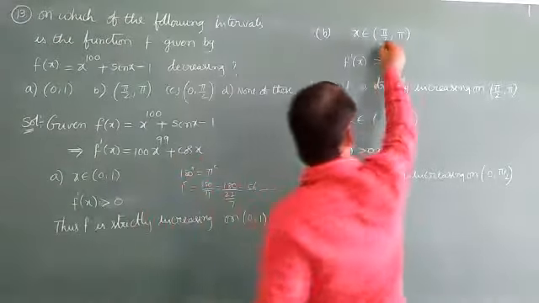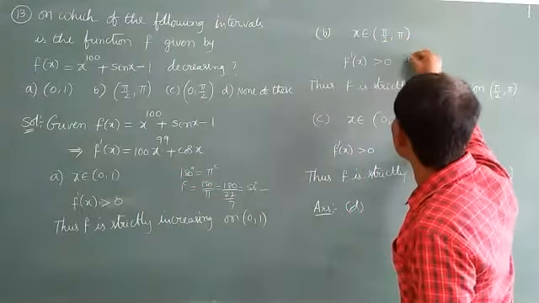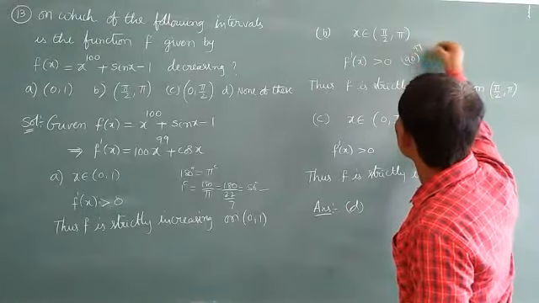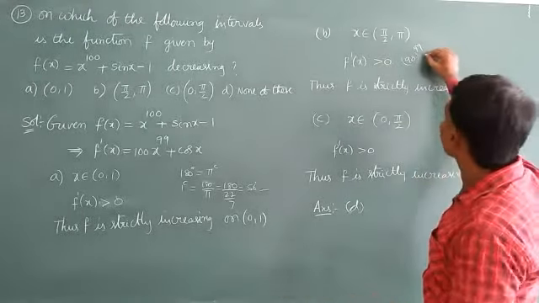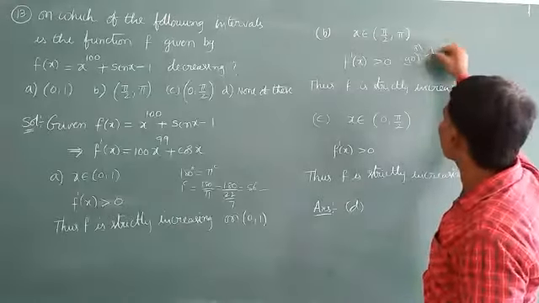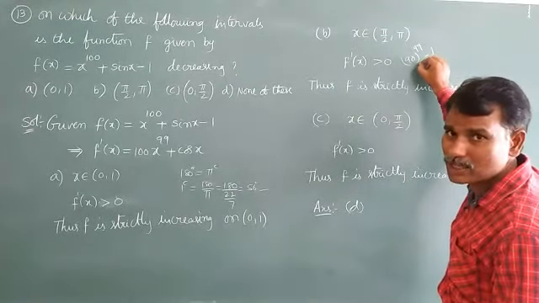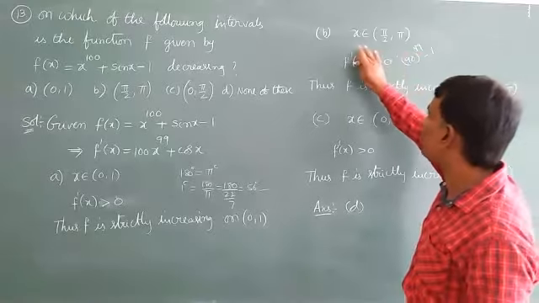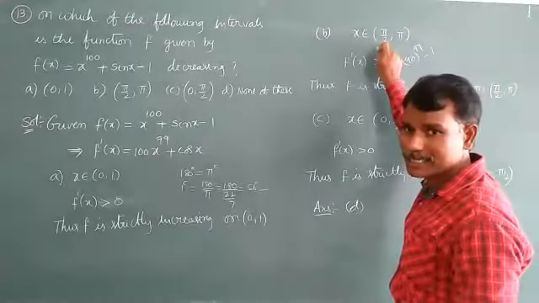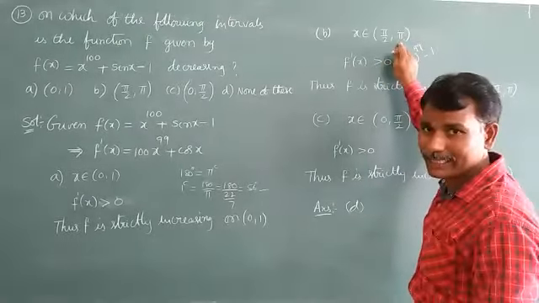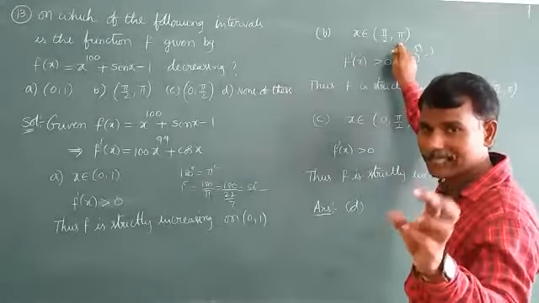But here, if we are taking this, it is minus 1 also. How much less? A very minute value is less. That means this is also positive. Students, don't be confused here. Pi by 2 means 90 degrees, this is 180 degrees. Consider it as a real value, a real number.